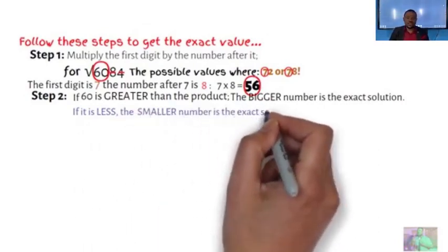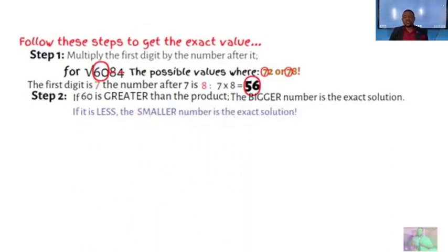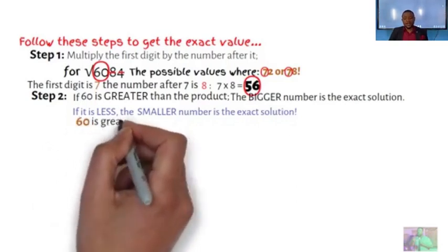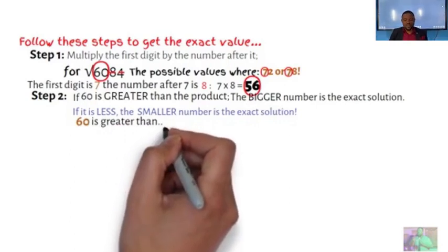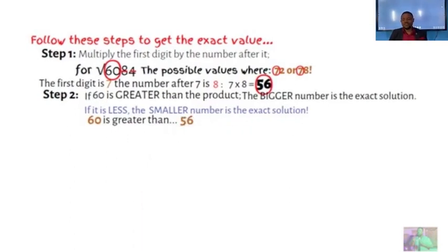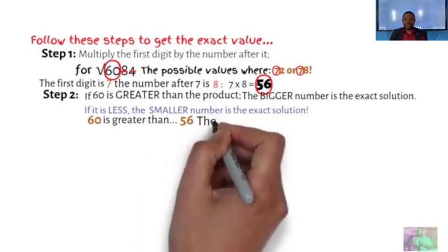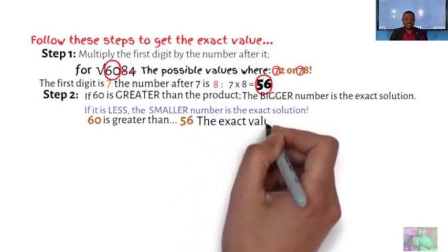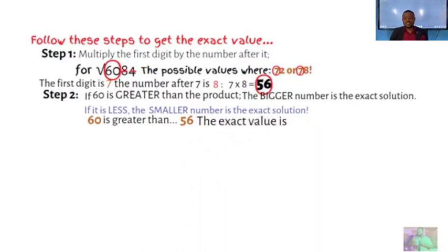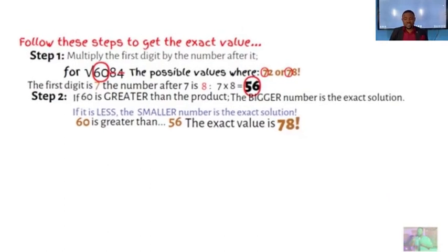And because 60 is bigger than 56, I will take 78 instead of 72. The exact value is 78, not 72.